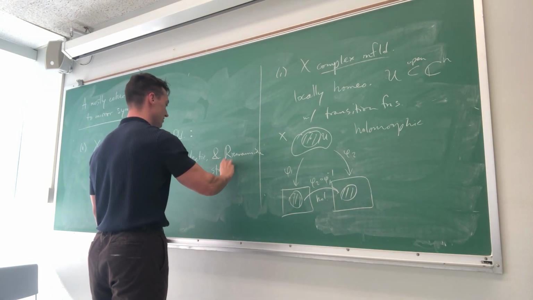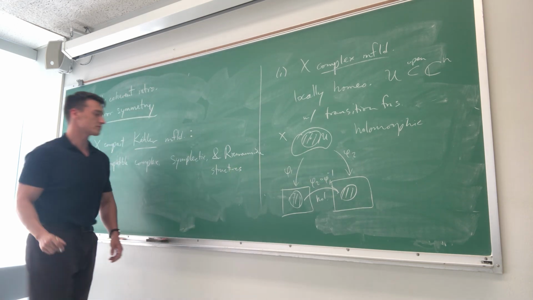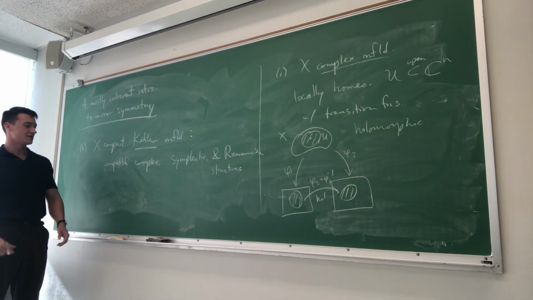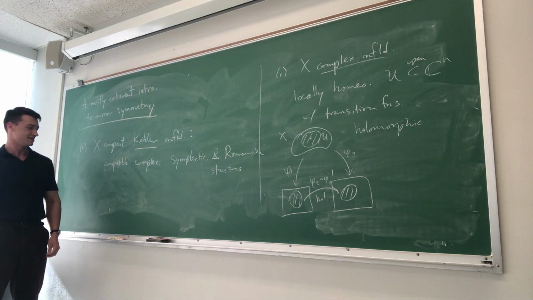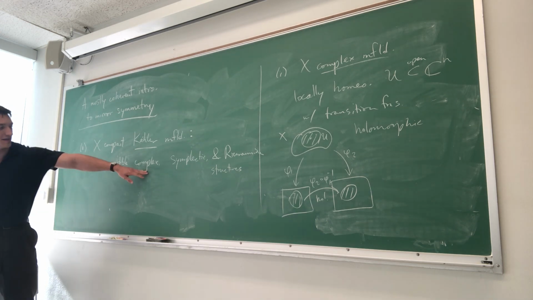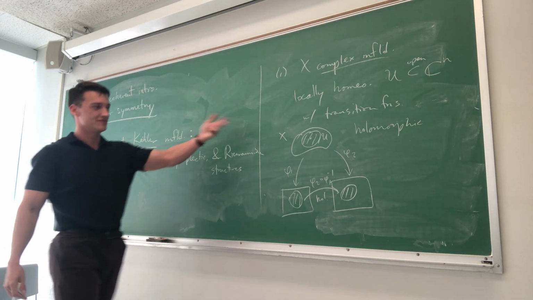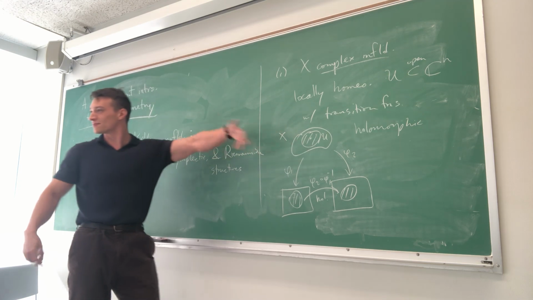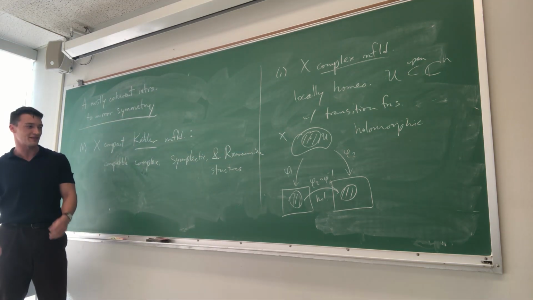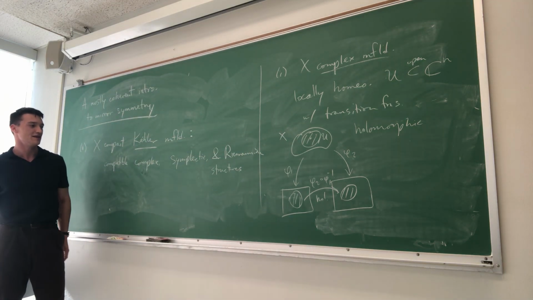What I mean by that is, I'm already starting to condense things, but by the complex structure, I mean some choice of charts, up to the natural sense of equivalence, some atlas.